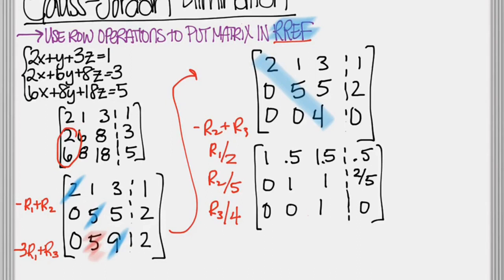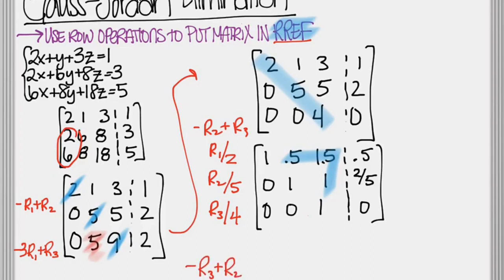For Gauss-Jordan elimination, we need to get to reduced row echelon form. So I want to clear all these spaces out, making them zeros. So I'm going to work backwards and do the same idea here that we did before. So to clear out this 1 in the second row, I will do negative row 3 plus row 2.